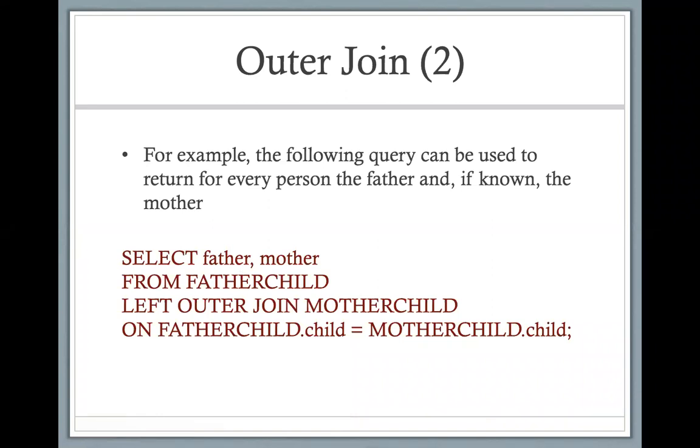It's a left outer join, so remember, the table on the left will be shown completely, all the records there. So every father will appear, and then we look for matching tuples based on the child and get the names of the mothers. If there is a father for which there is no mother information, I put the mother as null.